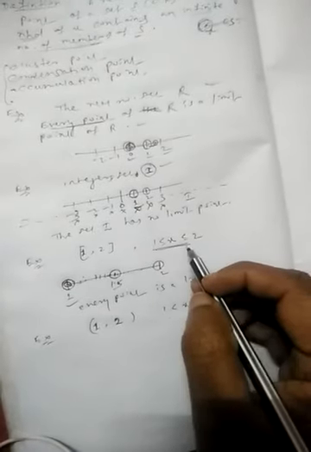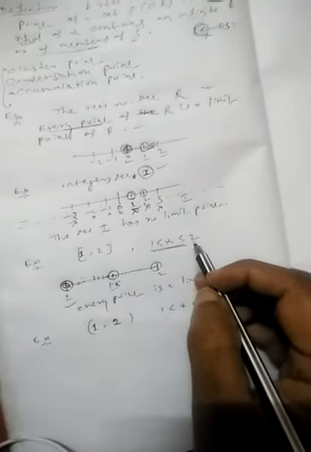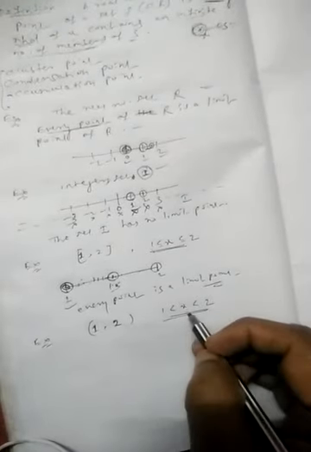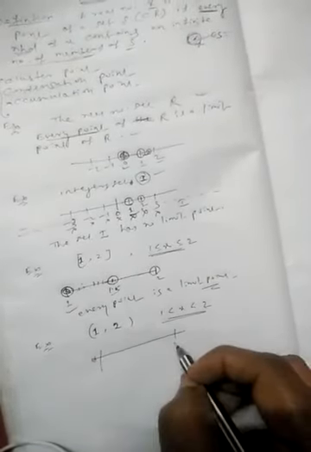The difference is, in the previous example it includes 1 and 2, but in this example it does not include the numbers 1 and 2. We only take all the real numbers in between 1 and 2. So suppose this is 1, this is 2. 1 is not a member of that set, 2 is not a member of that set.